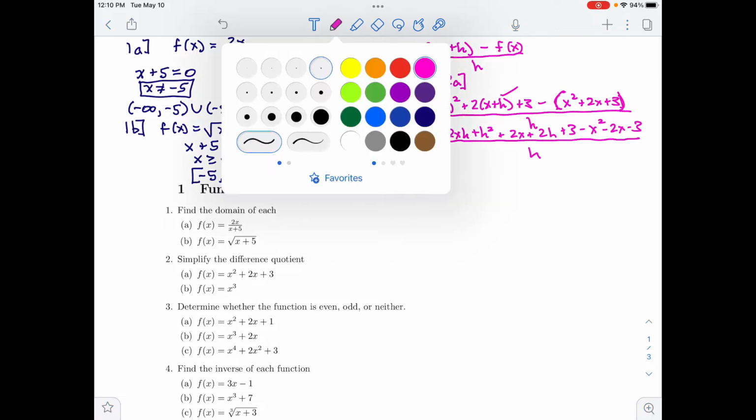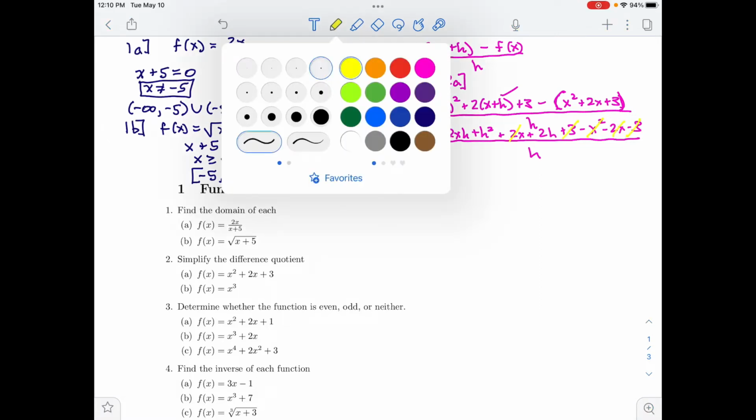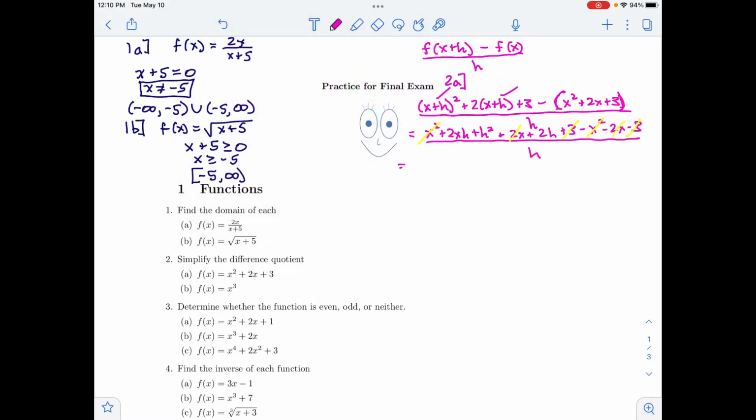Now, after we do that, you'll notice some things cancel here. The x squareds cancel, the 2x cancels, and the 3's cancel. So then we look and see what's left. We've got 2xh plus h squared plus 2h, and I guess that's it, right? All over h.